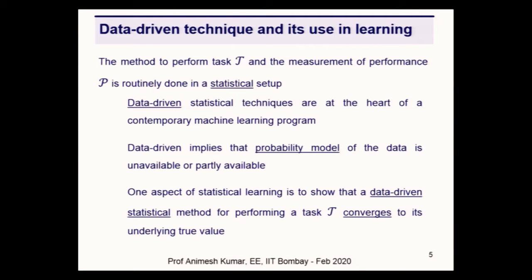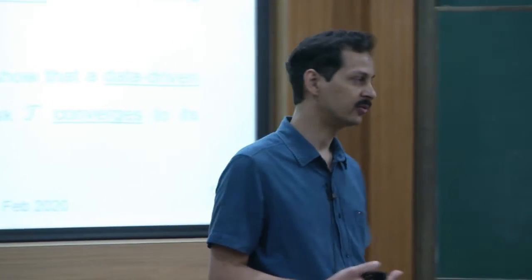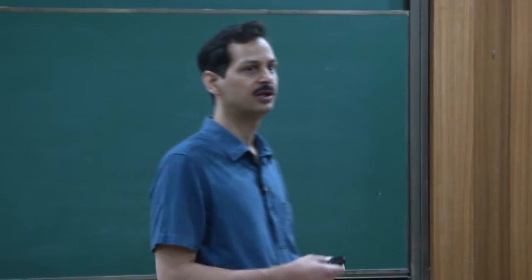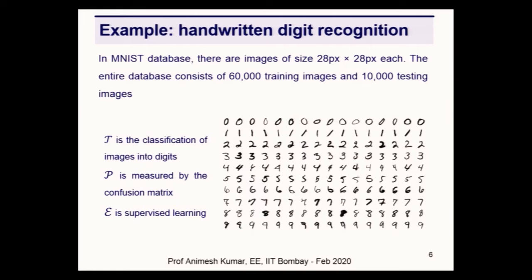So when you are predicting, let's say, handwritten digits into the corresponding numerical output 0, 1, 2 all the way up to 9, then you want the output to agree with what was written on the paper in the first place. So let me give you an example so that these things become a little bit more concrete.